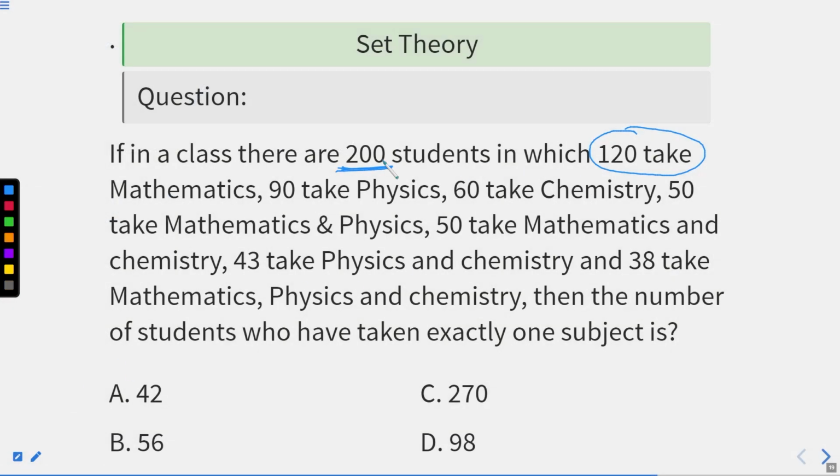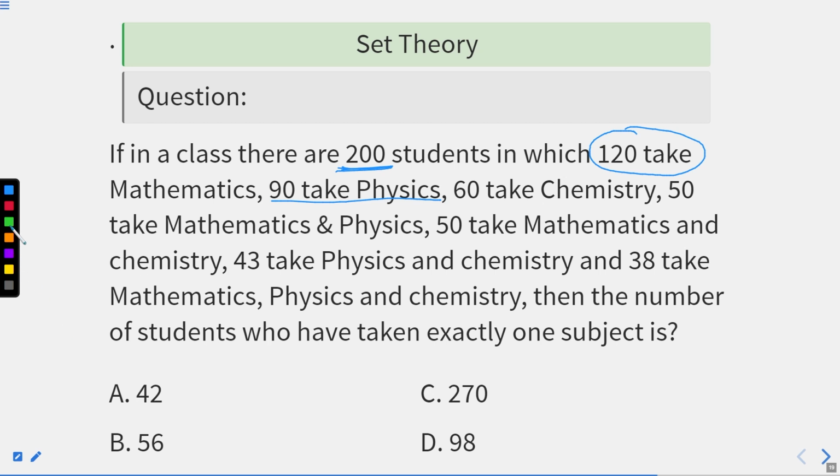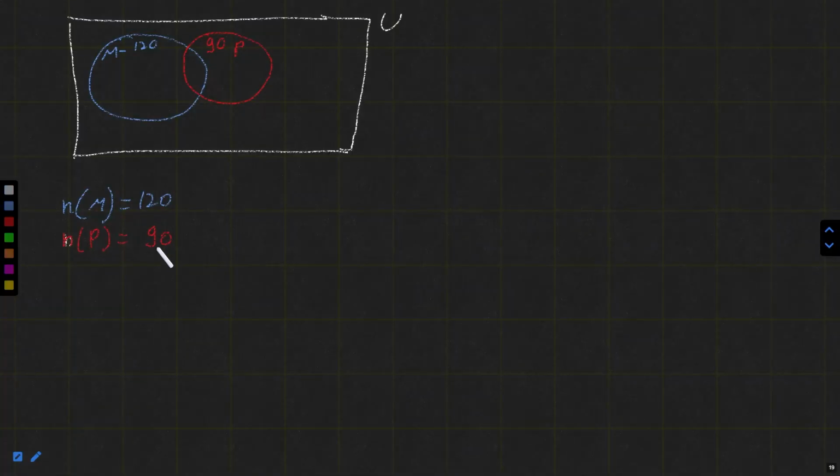Now, 90 take physics. The number of students who took physics is 90. Now 60 take chemistry. The number of students who took chemistry is 60.